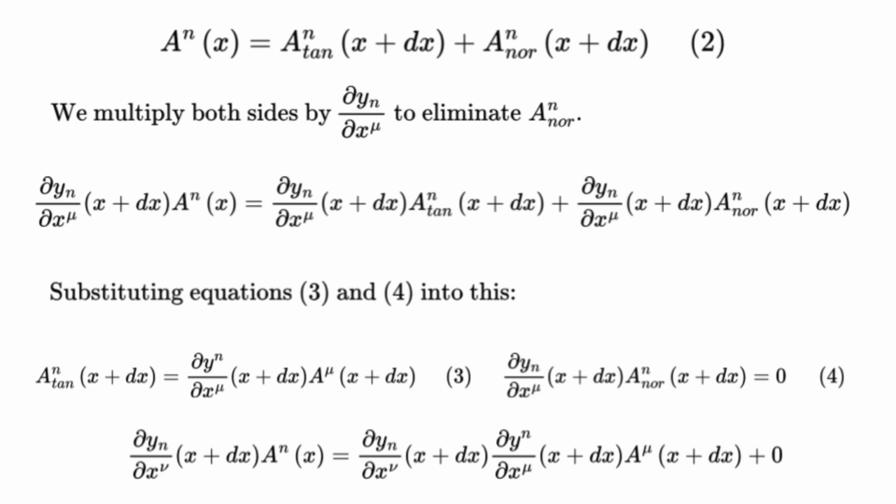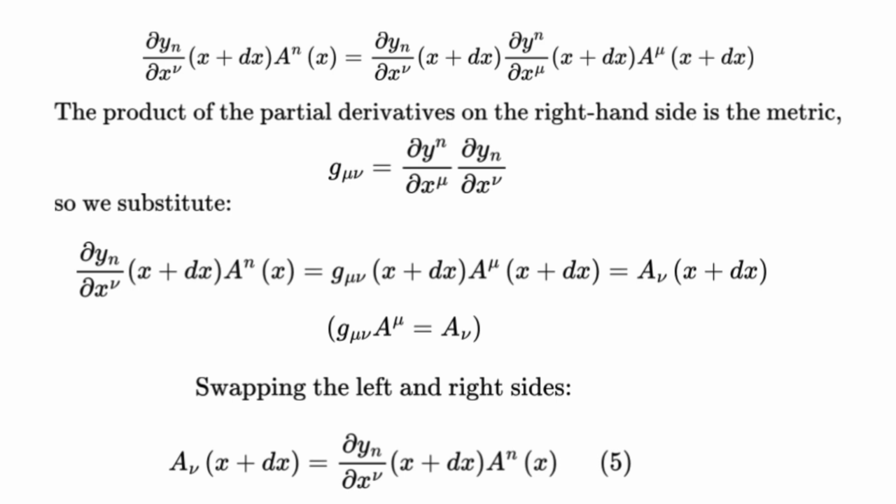Substituting equations 3 and 4 into this. The product of the partial derivatives on the right-hand side is the metric. So we substitute. Swapping the left and right sides.